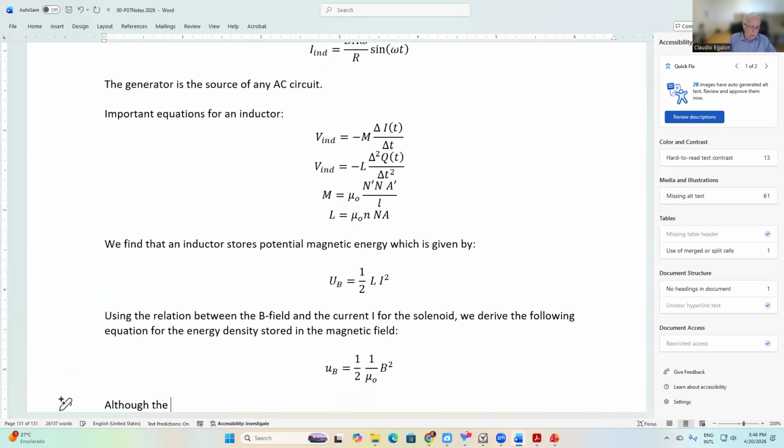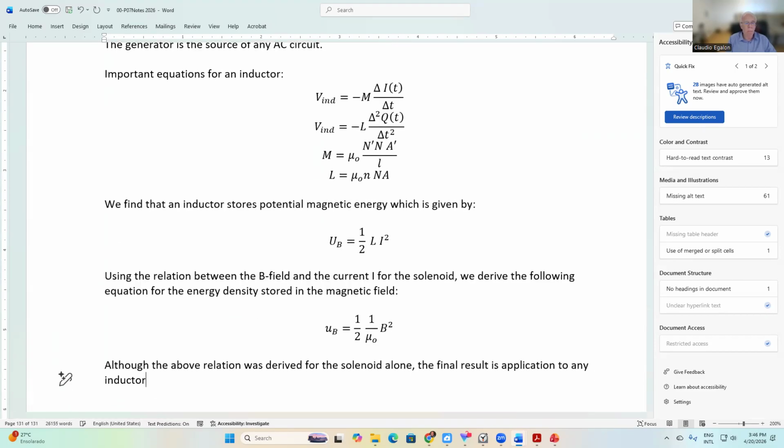Although the above relation was derived for the solenoid alone, the final result is applicable to any inductor.